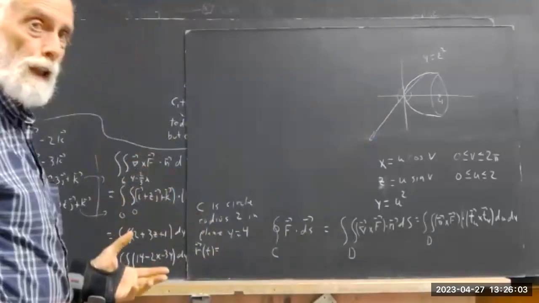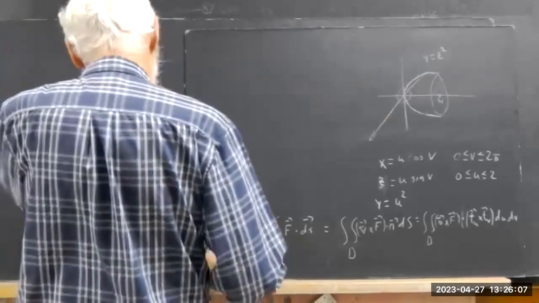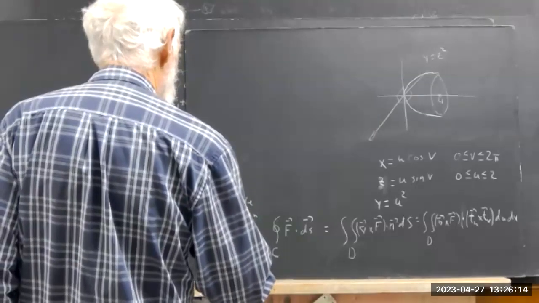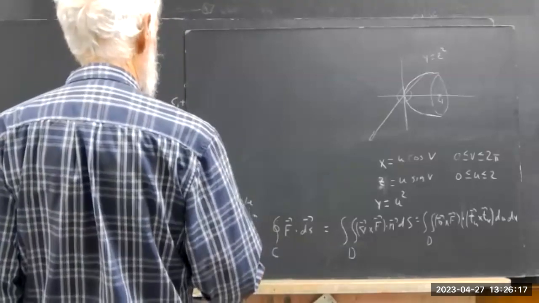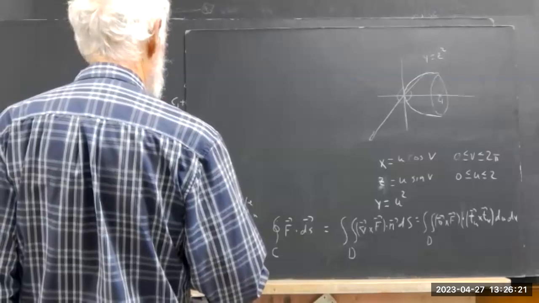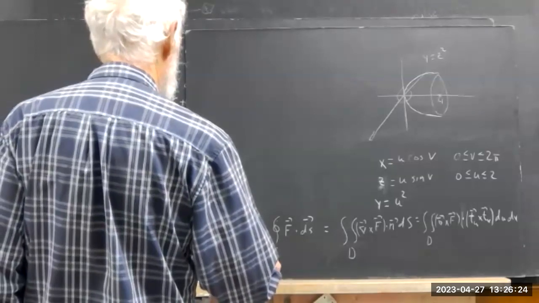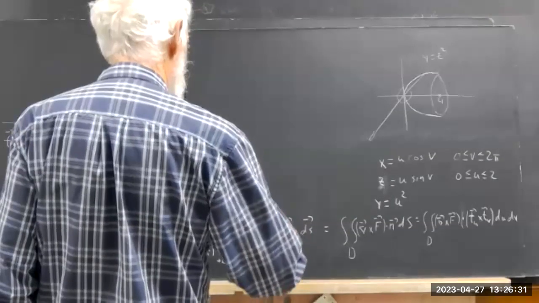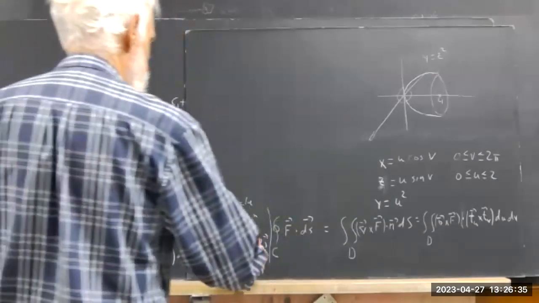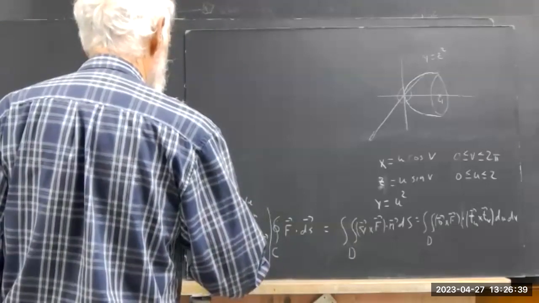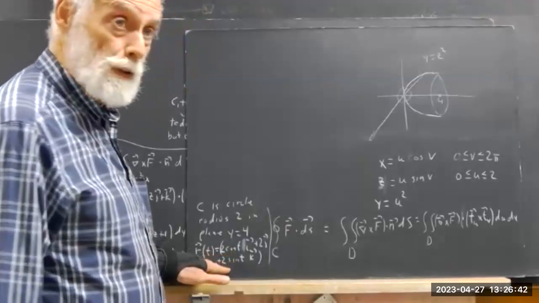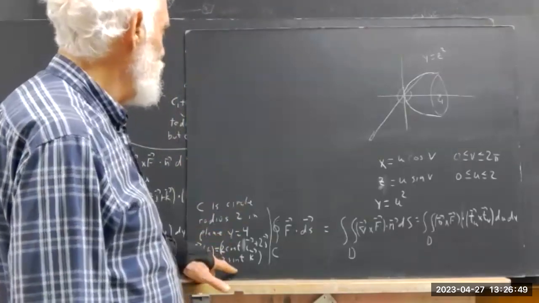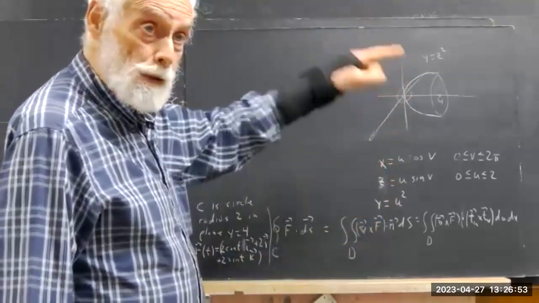For that circle, without comment, I'm just going to write it down: 2 cosine T of I plus 2 sine T of K plus 2 J. In other words, X is 2 cosine of T, Y is 2 sine of T, giving a circle, and say X is 2 cosine of T, Z is 2 sine of T, giving you a circle parallel to the YZ plane.